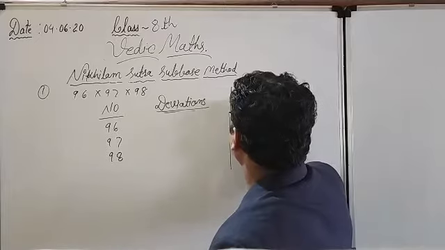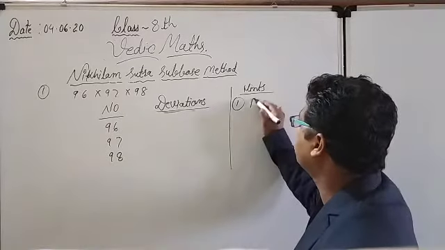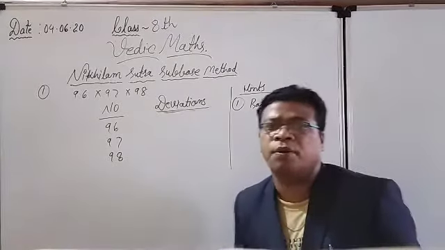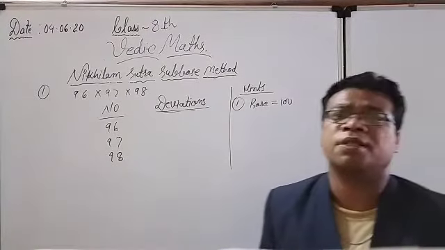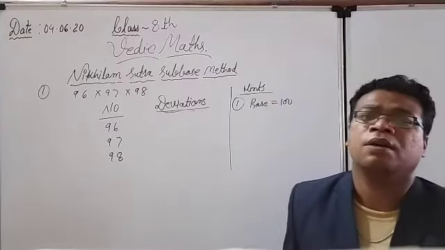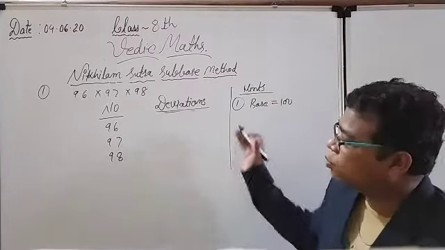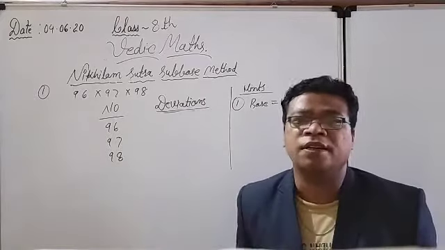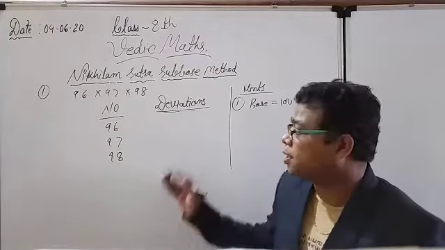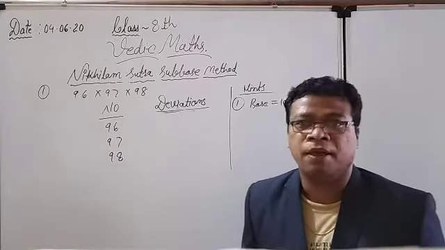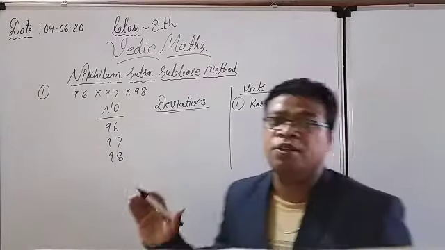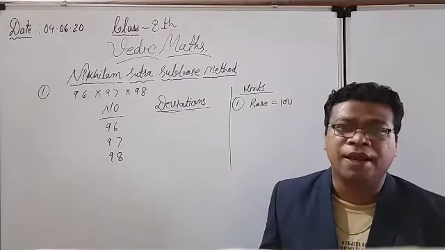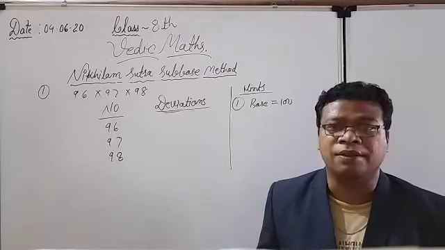That you are already knowing. First hint is about the base. Here I have to consider the base 10 or 100. 100. Why? Because all these 3 numbers are very close to 100. Some students consider the base 10, and if you consider the base 10, then you should consider sub base equal to 90 and your sub base digit will become 9.